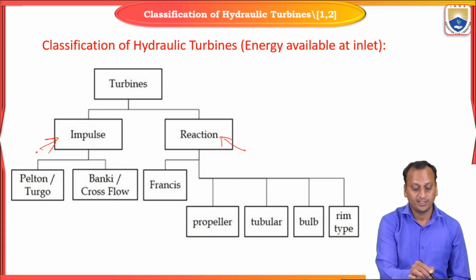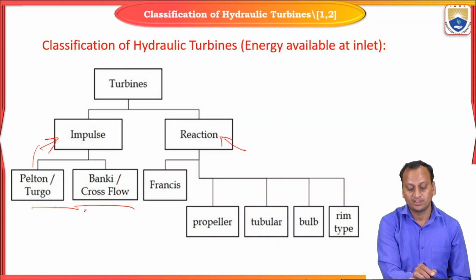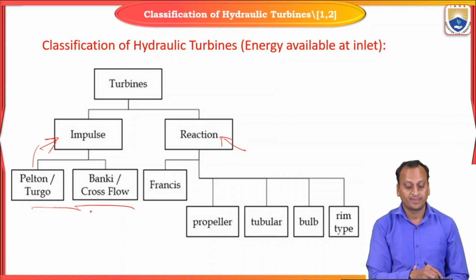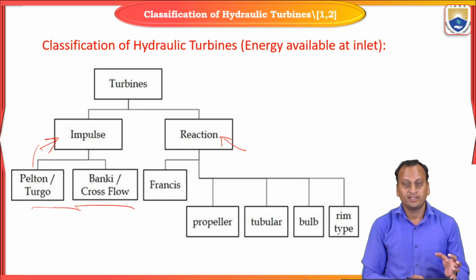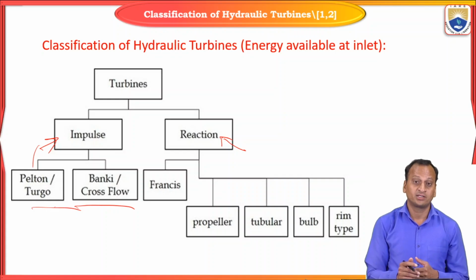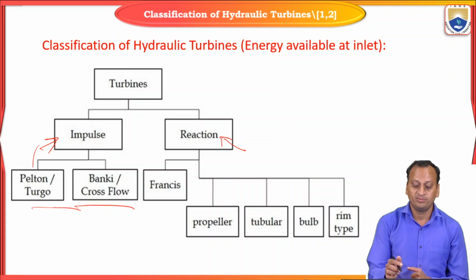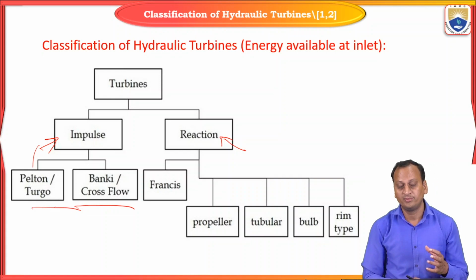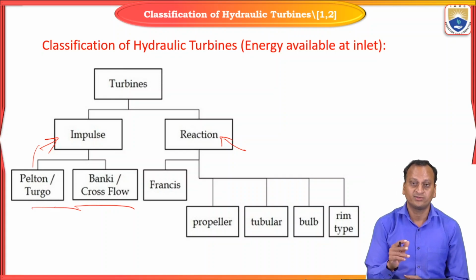So examples of the impulse turbine are the Pelton wheel turbine, the Banki cross flow turbine, etc. These impulse and reaction turbines are differentiated by their working principles. In the case of the reaction turbine, it will be working due to the difference of pressure. The turbine will be rotated due to the pressure difference.